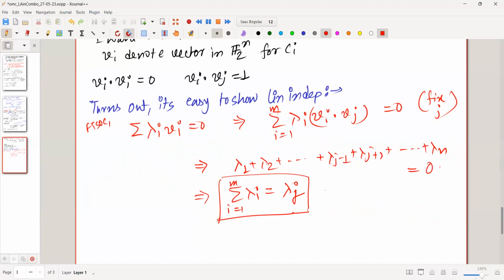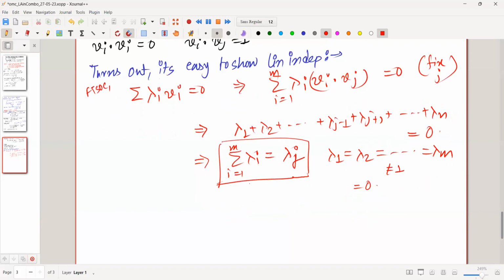You can do this for all other terms, so this gives you lambda_1 equals lambda_2 equals up to lambda_m. From there it's easy to show that they can't equal 1, and hence they must equal 0, because if they equal 1, then you get m equals 1. Wait, just a second.